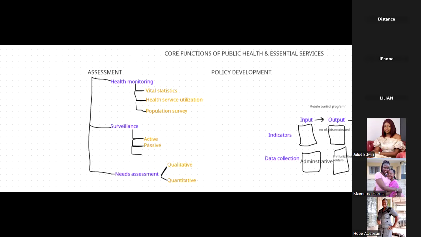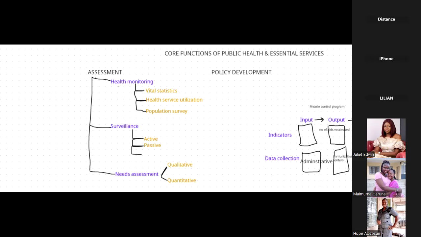If it's cholera, for instance, you're not going to wait for the hospitals to say we are seeing this number of cases. No, we go into the community and try to diagnose and carry out tests to find out who has it and who doesn't.